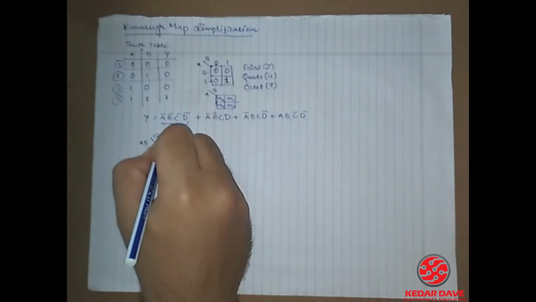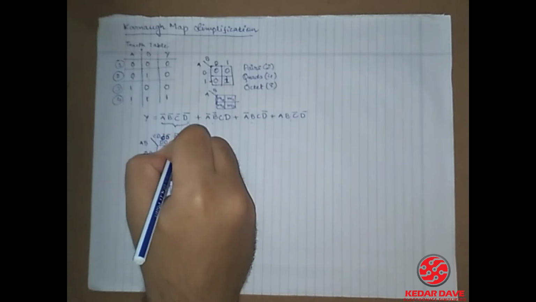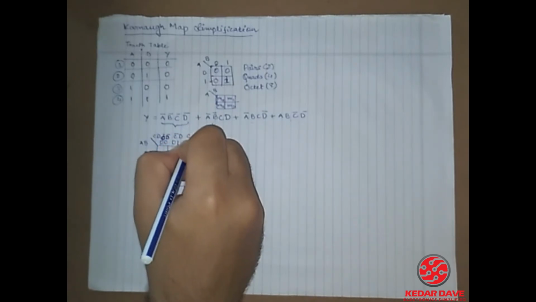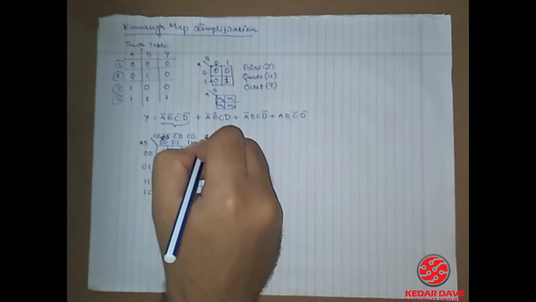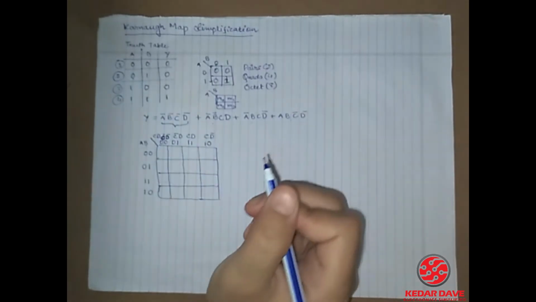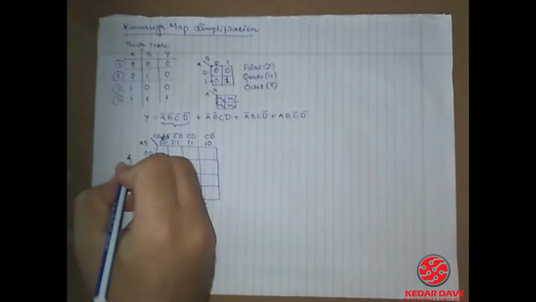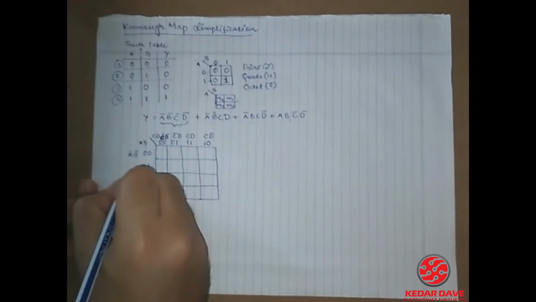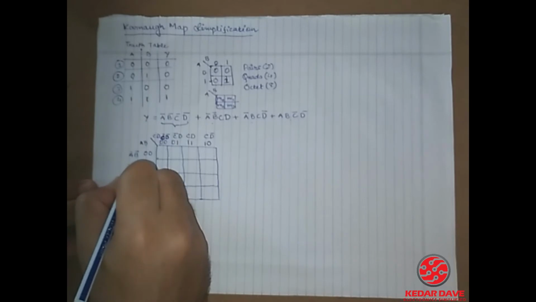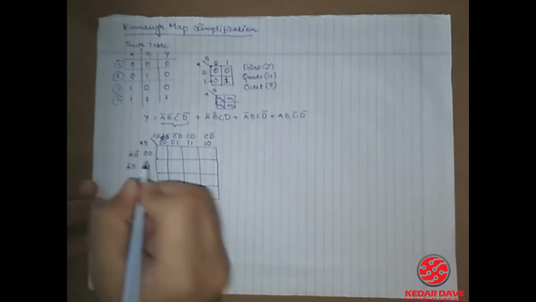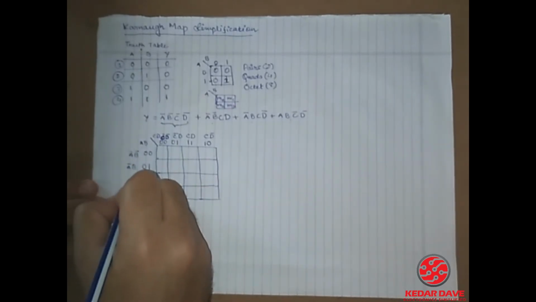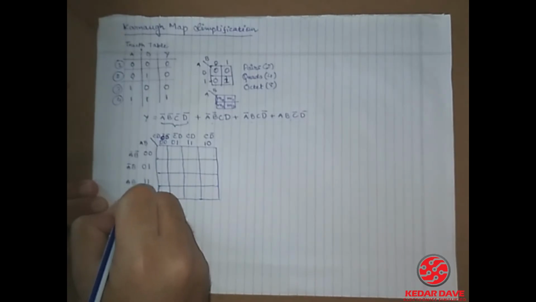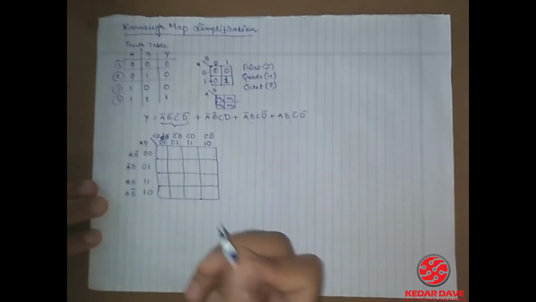Sorry, to write over here C bar D bar. Here we can write C bar D, here C D, here C D bar, right? So this way it can be represented. Over here also it can be represented like A bar B bar. Here it can be represented as A bar B, here as A B, and here as A B bar, right?